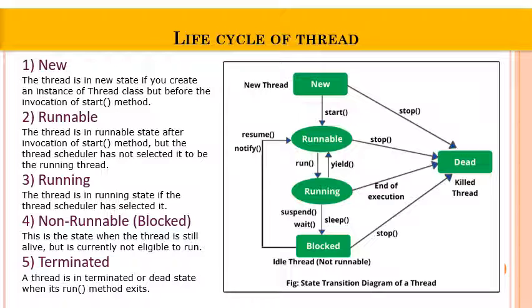A running thread may relinquish its control in one of the following situations. So there are three situations. What are those situations? First situation, it has been suspended using the suspend method.